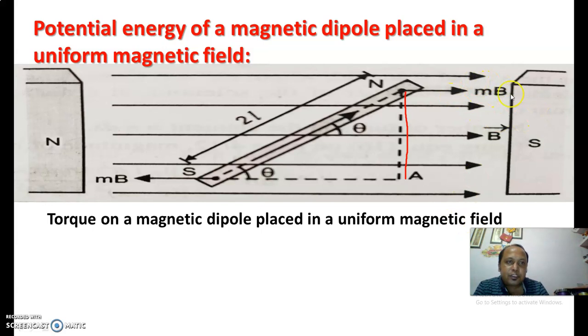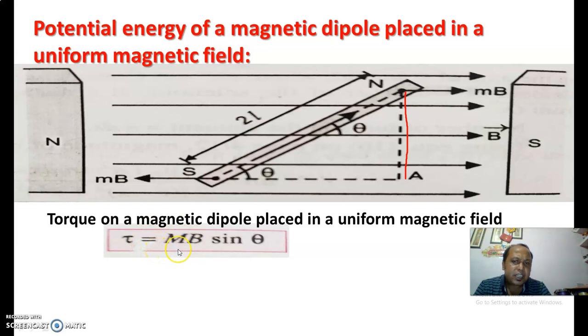Now either force is mB and the perpendicular distance NA will be given by 2l sine theta. So mB into 2l sine theta. So that gives the value of torque, which is capital M B sine theta, where capital M is small m into twice l, that is pole strength into the length of the dipole.